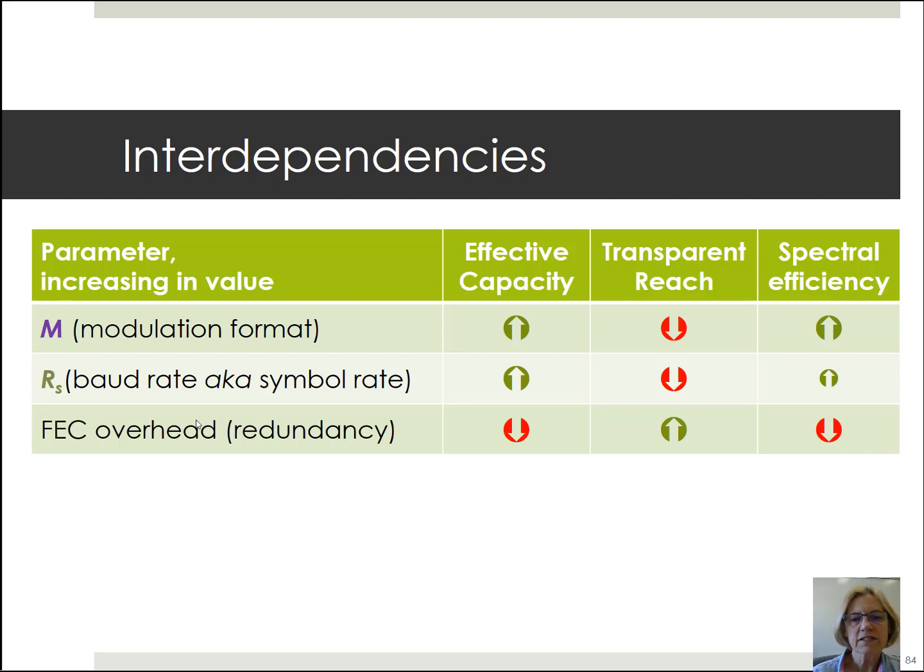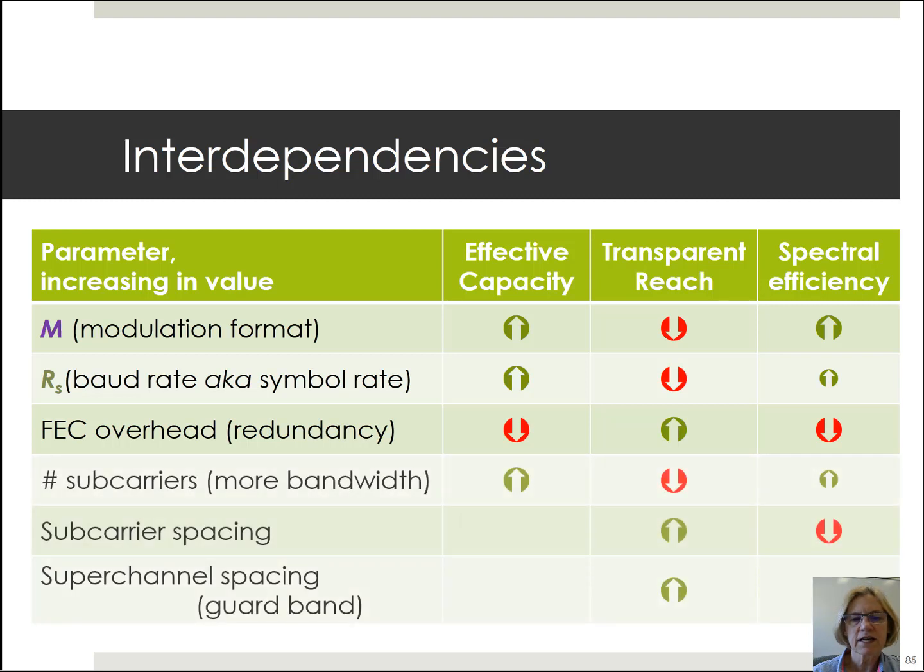And now we can look at other characteristics that come from these methods of being as spectrally efficient as possible in a flexible way for these elastic optical networks. For instance, we could vary the number of subcarriers. By that I mean that we could add more subcarriers, occupying more bandwidth.